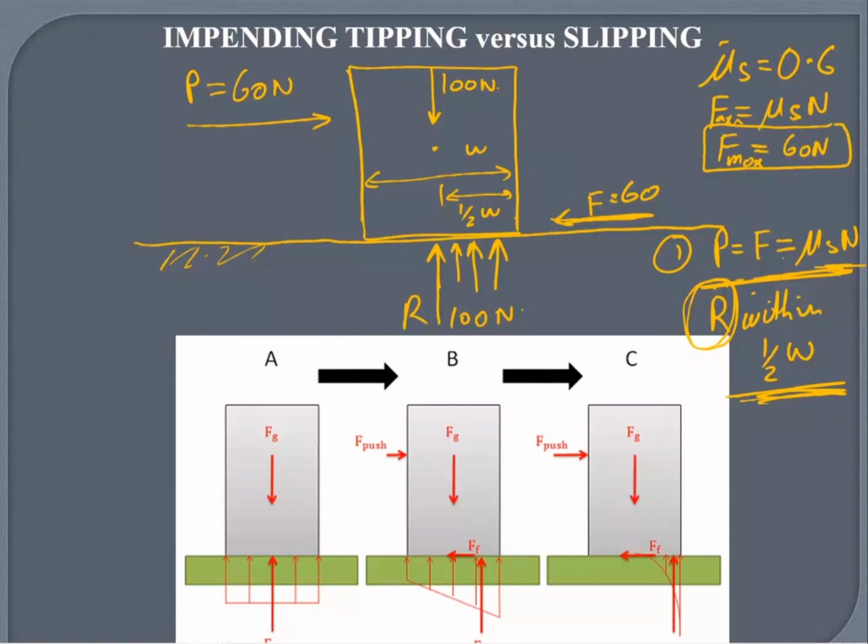Yes, sir. Shall I move on? Okay. And when will it topple over? So I'm coming to that. Okay. So now let me get rid of this and this. So this was the condition for sliding.